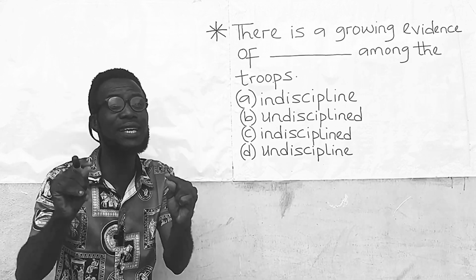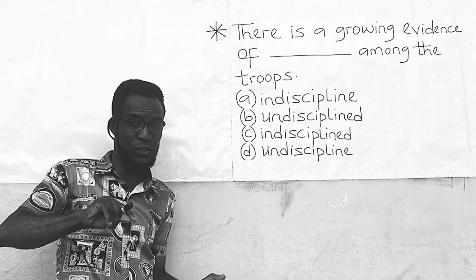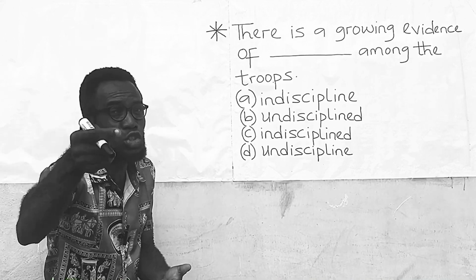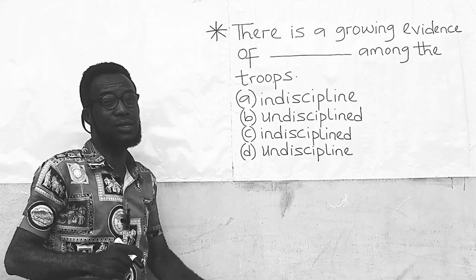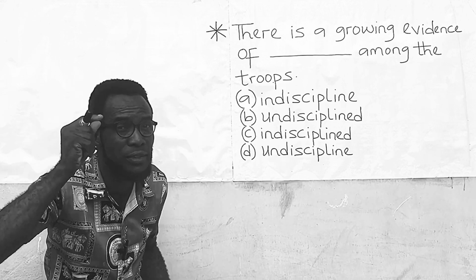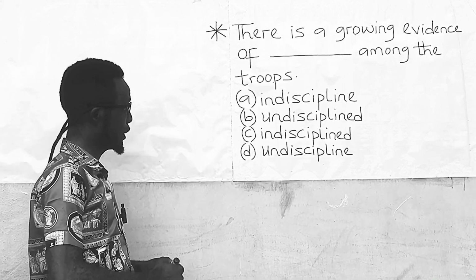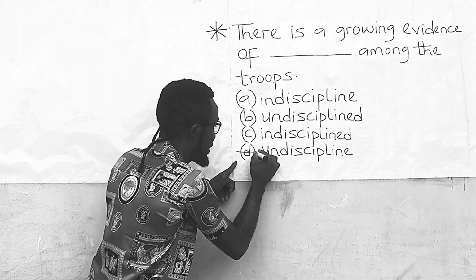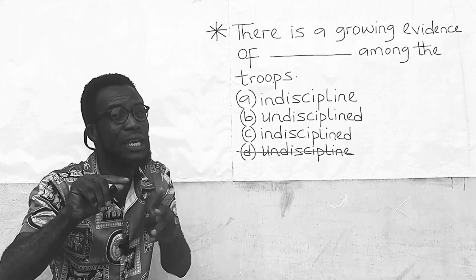First of all, we said that the word undisciplined should always end with a D. There is no word as undisciplined without a D. It should always end with a D. For that reason, option D is wrong.